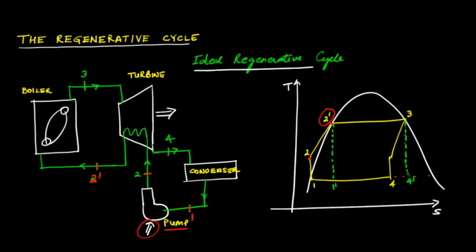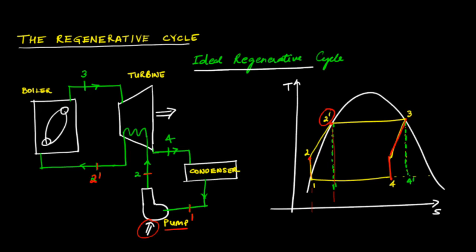But because this much amount of heat that is under this curve 2 to 2 prime is now added to the liquid by the turbine, the expansion process in the turbine is shown by this curve, that is 3 to 4.